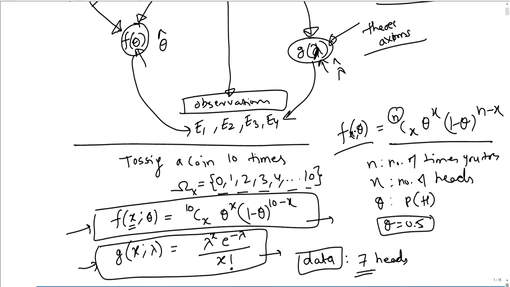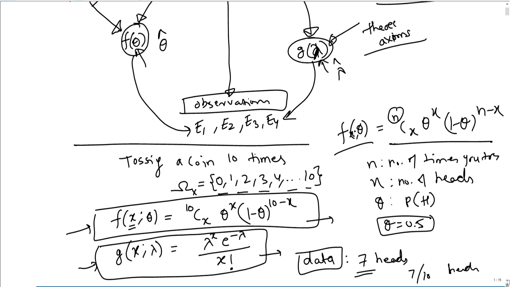Okay. Now, given this data, you would evaluate which assumption is better at explaining this 7 out of 10 heads when you toss a coin 10 times. Now, if f of theta is a better assumption at explaining this data, then you would say that f of theta is closer to the true generative process. Okay.